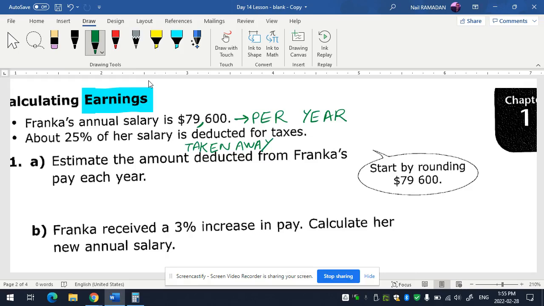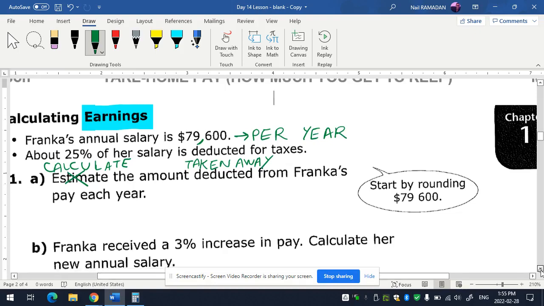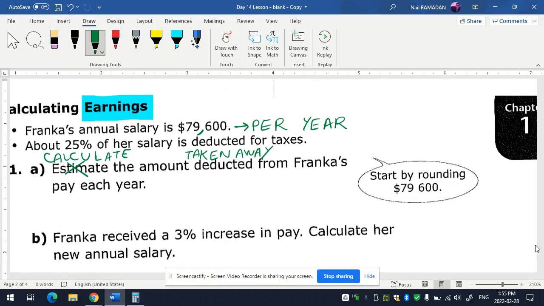So estimate again. We don't estimate. We calculate, because we have a calculator. Calculate the amount of tax deducted from Franca per each year. Everyone, I want you to cross that out.